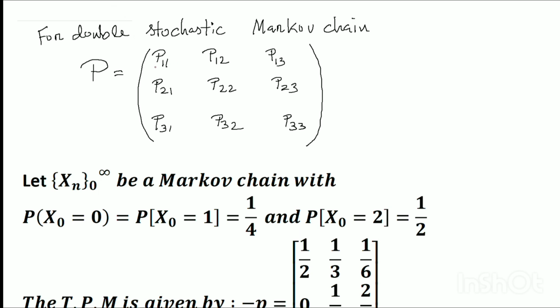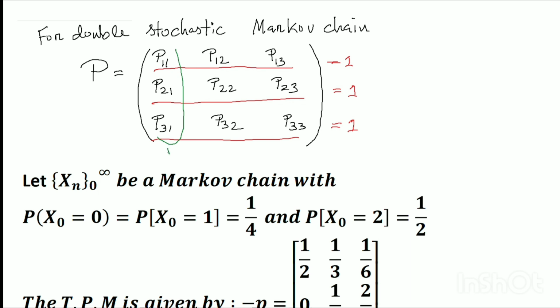You know that the sum of each row is 1, and for a double stochastic Markov chain the sum of each column is also 1. That means P11 plus P12 plus P13 equals 1, and P11 plus P21 plus P31 equals 1. All this is called the double stochastic case.